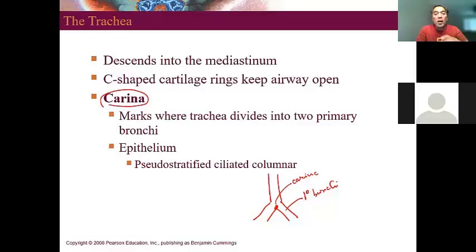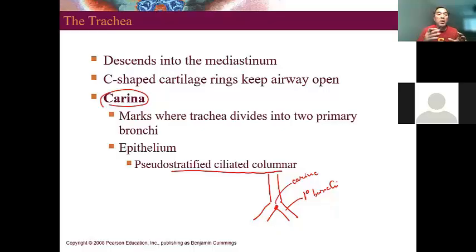Again, if you recall, the epithelium that lines the trachea is called pseudostratified ciliated columnar epithelium. It has cilia that allow the dust particles to be moved up into the throat, okay? Because remember, the cilia carry the dust particles that you take in together with the air.